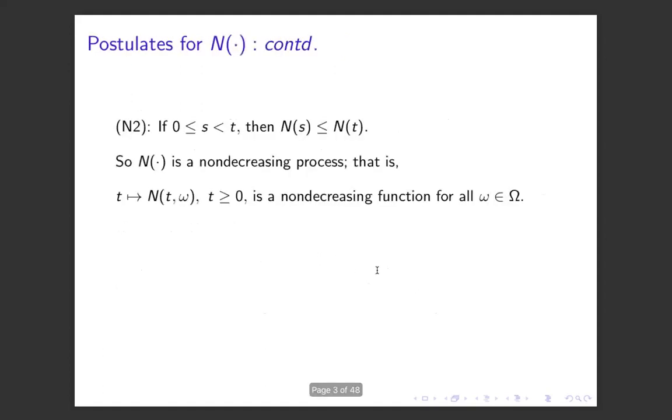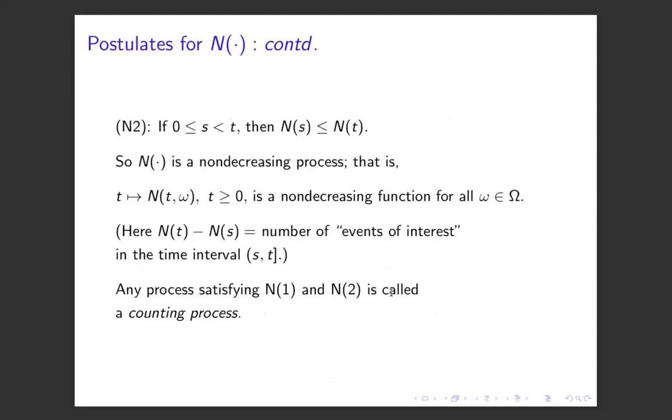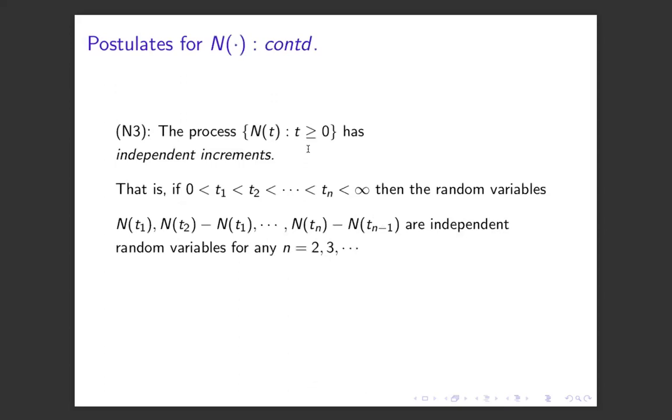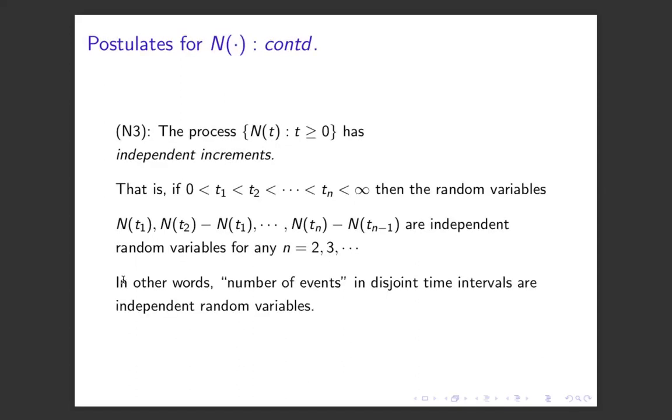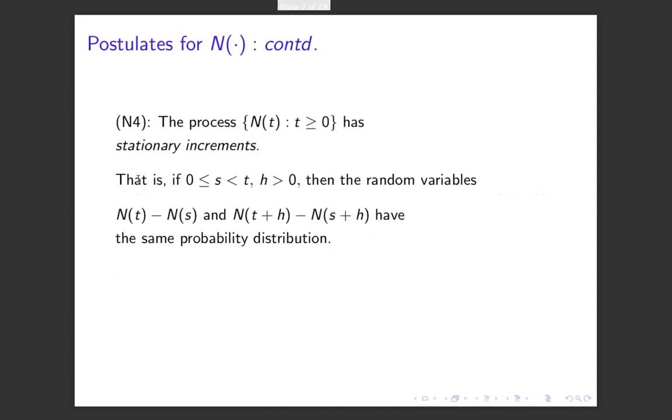N1 and N2 are basically that it is a counting process. This is a very important assumption, again the independent increment property. This is time homogeneity, that is stationary increments.